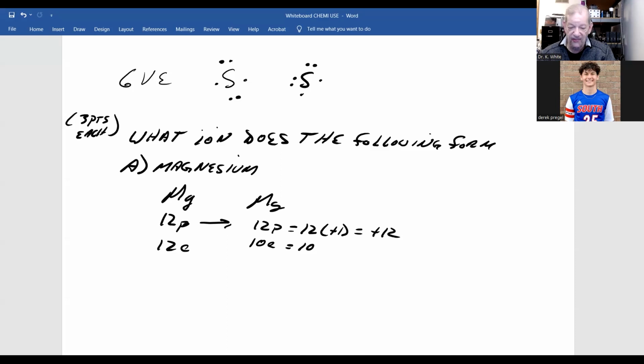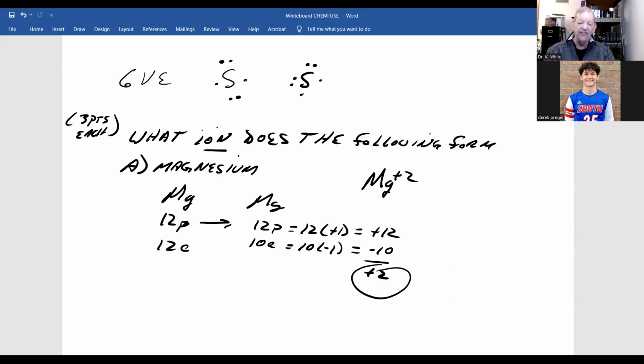Each electron, there are 10 of them, has a -1 charge. That's -10. You add them together and you get a +2. Now we're not done yet. The question asks what ion, and you write an ion by its chemical symbol, Mg, and then the charge it forms, +2. And that's how you do that.